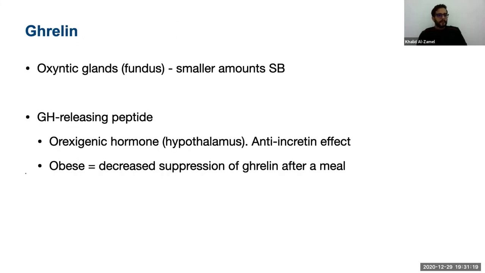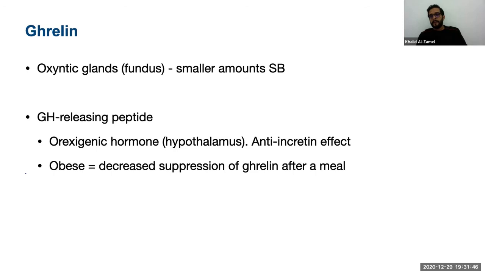Now, the famous peptide that we all learned about many years ago doing sleeve gastrectomy or assisting in one is ghrelin. It is produced from the oxyntic gland in the fundus and in smaller amounts in the small bowel. It's a growth hormone releasing peptide, which means it is an orexigenic hormone acting on the hypothalamus. It increases the appetite.